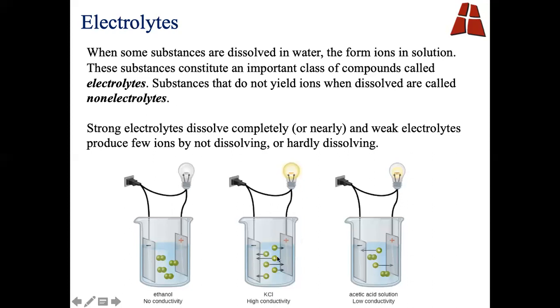Part of the reason we call it an electrolyte is because it will then conduct electricity, as shown by our light bulb here. We can also have weak electrolytes, things that partially ionize in solution. An example of that would be acetic acid, which only partially ionizes, so it would conduct a little bit of electricity, but not very much at all relative to our full electrolyte.